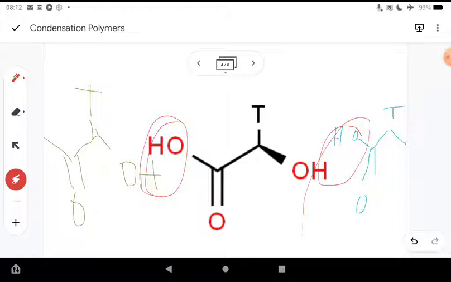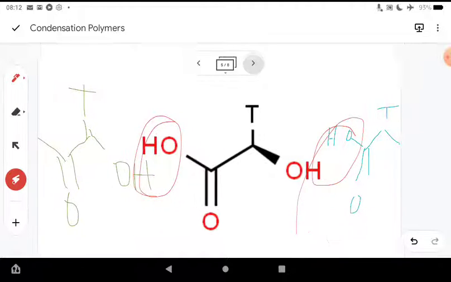So that would be drawing. When you draw it, you would have the curved brackets and an N like that.